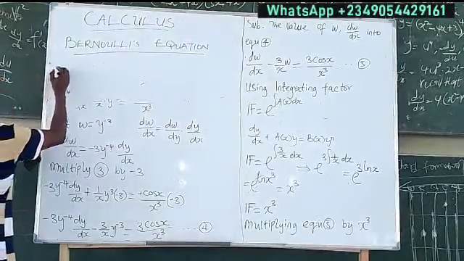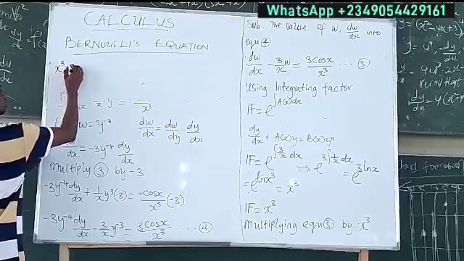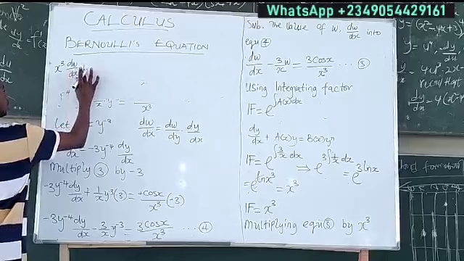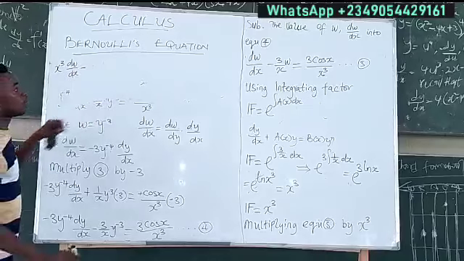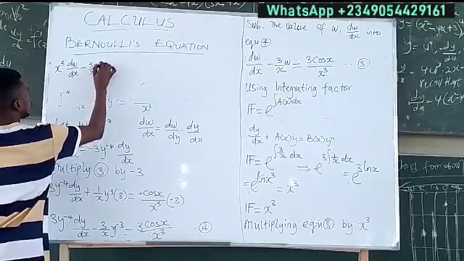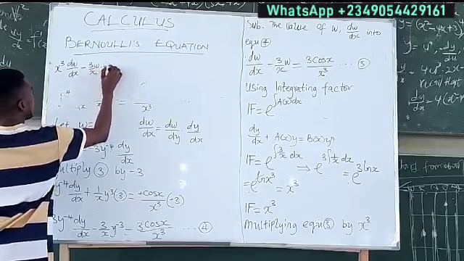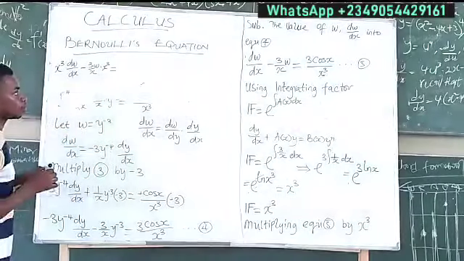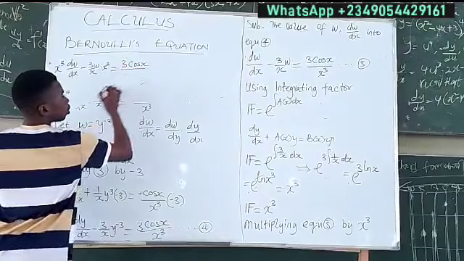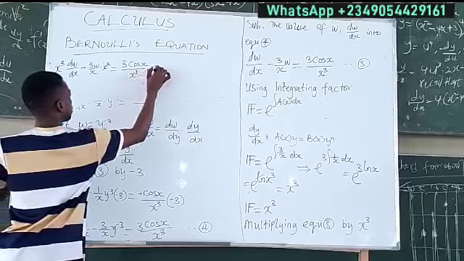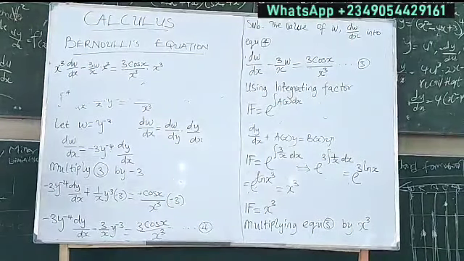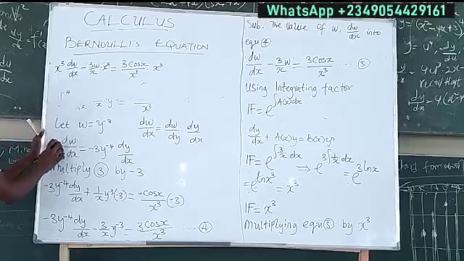We'll be having x raised to power 3 dw all over dx minus 3 all over x multiplied by x raised to power 3. Then also 3 cos x all over x raised to power 3 multiplied by x raised to power 3, our integrating factor. Okay, so I can clean this part now.